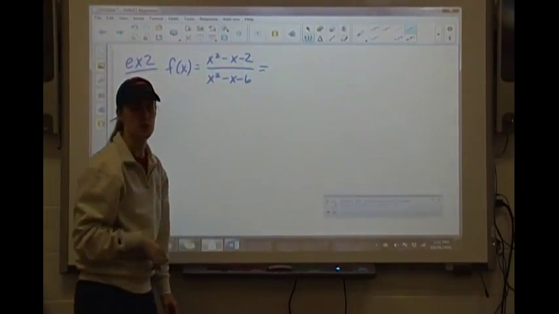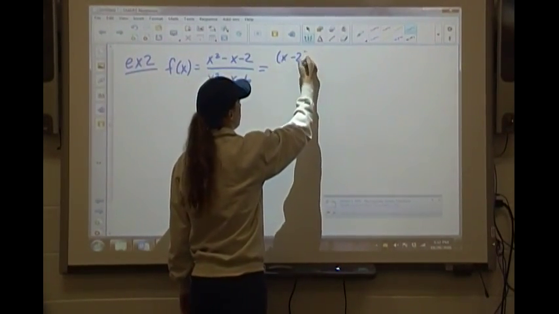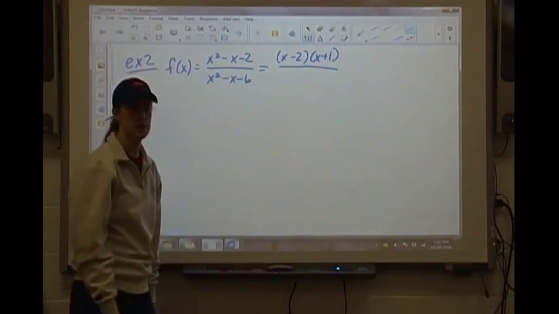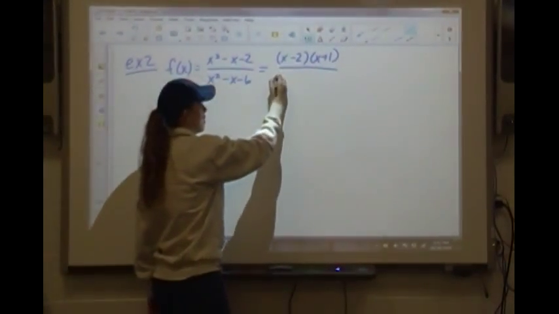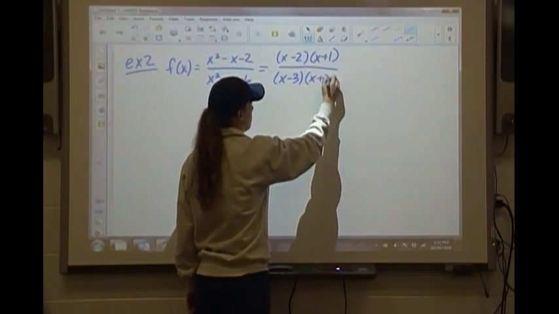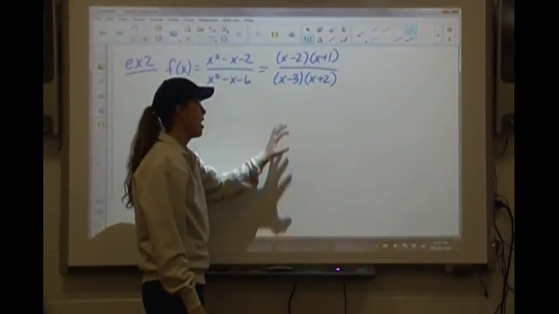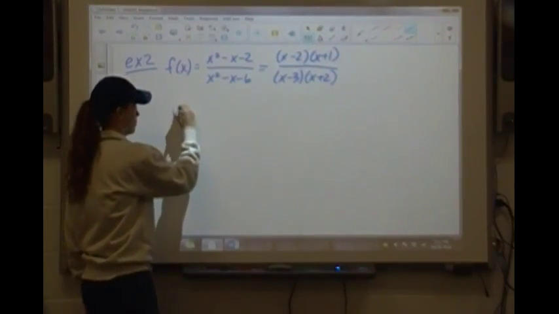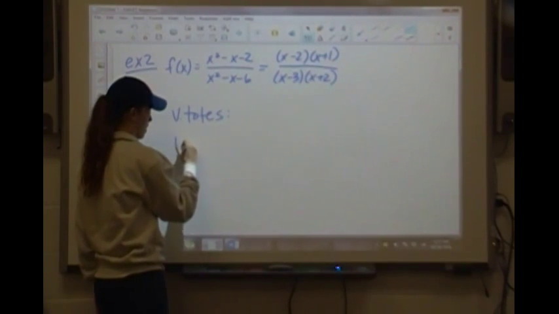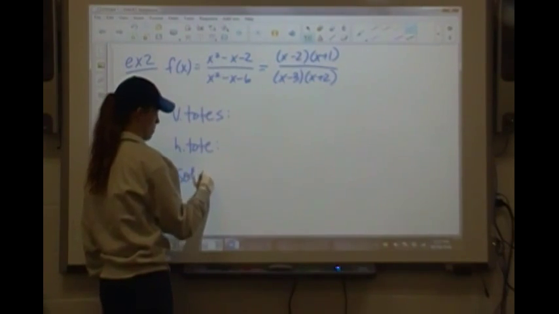Two factors of negative 2 that add to give me negative 1 are negative 2 and positive 1. And two factors of negative 6 that add to give me negative 1 are negative 3 and positive 2. We see that nothing cancels. We'll get into that in a little bit. But we're able to find our vertical asymptotes, horizontal asymptote, and solutions after we've factored.